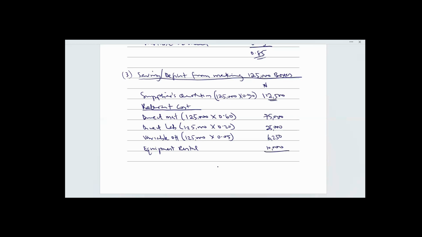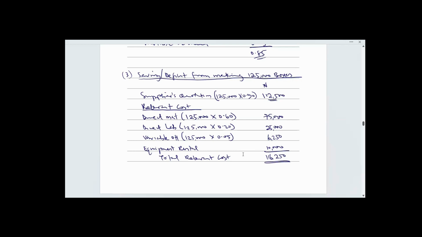Therefore, add them together, what do you get? 116,250. So that represents the total relevant cost of making 125,000 boxes.